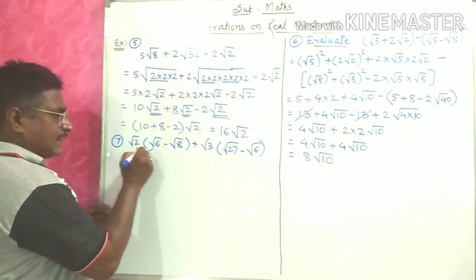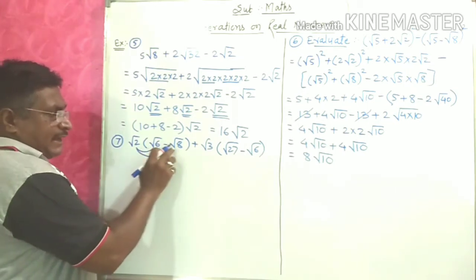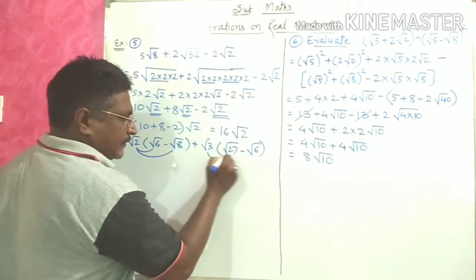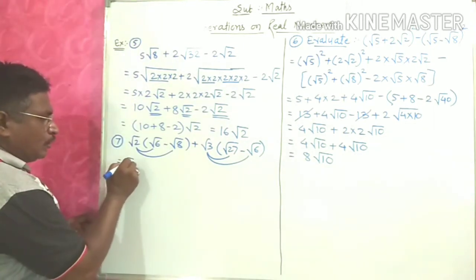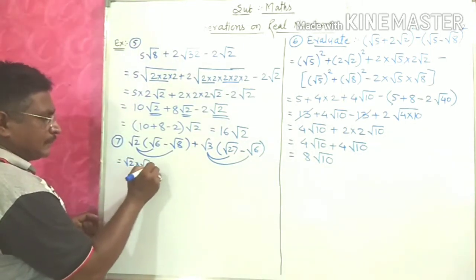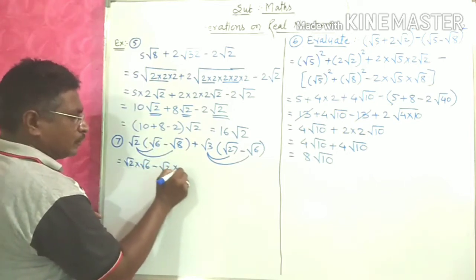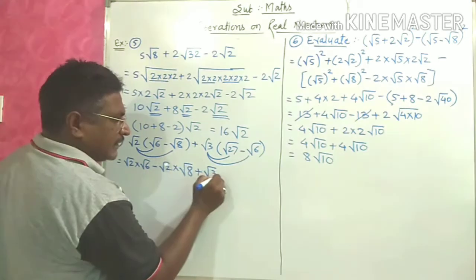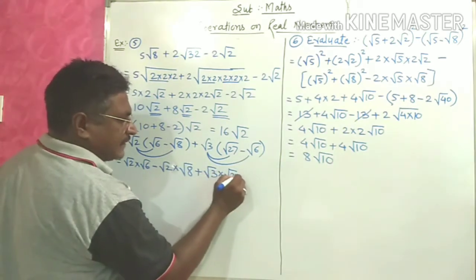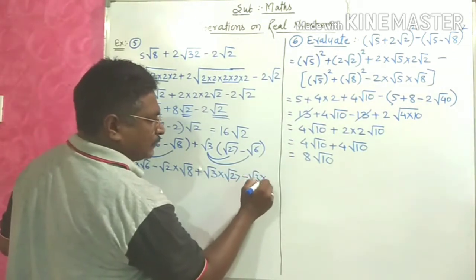Whatever number is outside of the bracket, with that number multiply each and every term of the bracket. Here, so what will we get? Root 2 into root 6 minus root 2 into root 8 plus root 3 into root 27 minus root 3 into root 6.